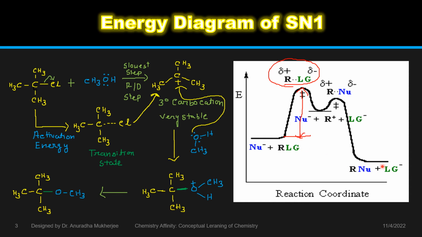And the product energy level is less than the energy level of the starting material because it's an exothermic reaction and the product is more stable than the starting material. That's why the energy level of the products is less than the energy level of the starting materials.